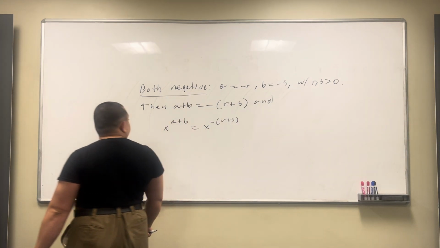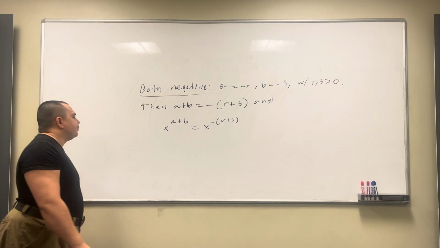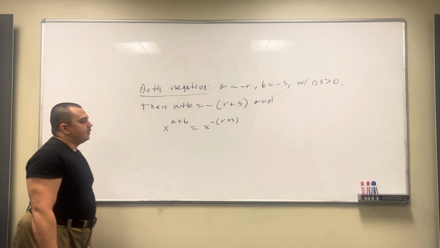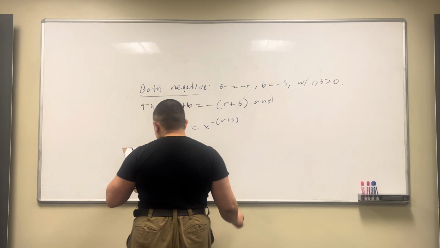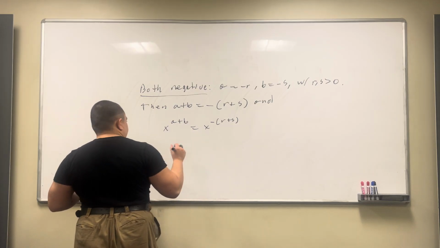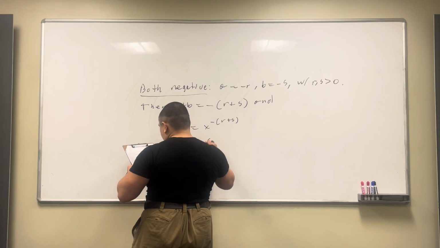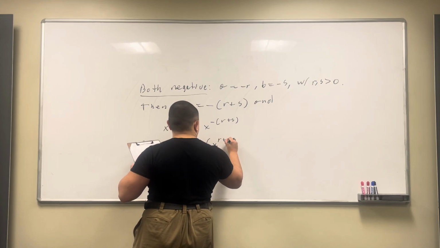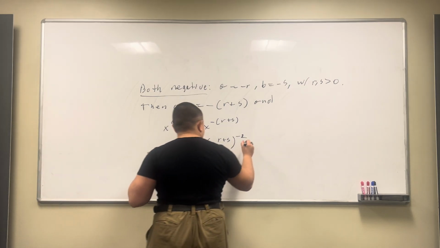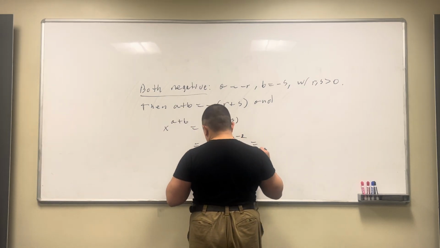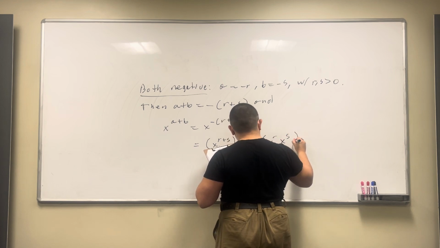Then a plus b is equal to negative (r plus s), and x^(a+b) is equal to x^(-(r+s)). So this would be equal to (x^(r+s))^(-1), which in turn would be equal to (x^r times x^s)^(-1).